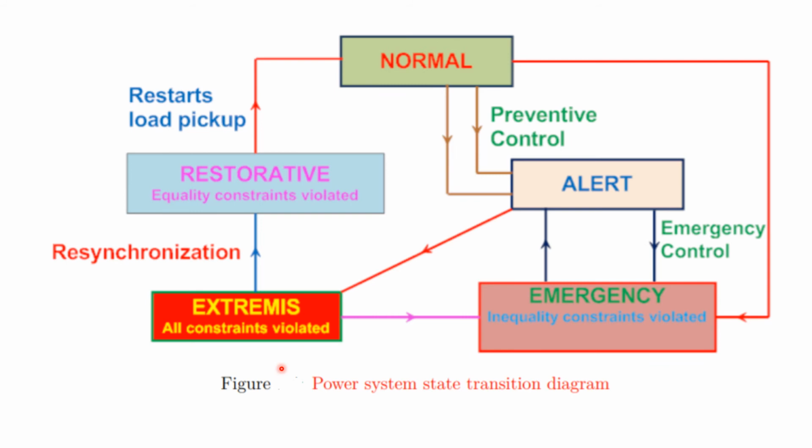That means neither the load nor the operating constraints are satisfied. So it must be islanding, that we call islanding state. The generation is beyond its capacity, so you should avoid that. You should bring the system back immediately to normal or emergency state.